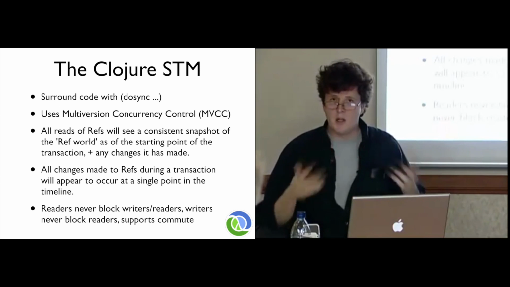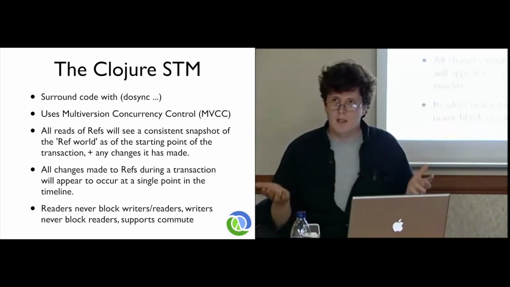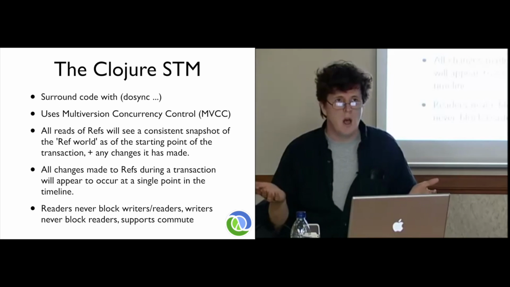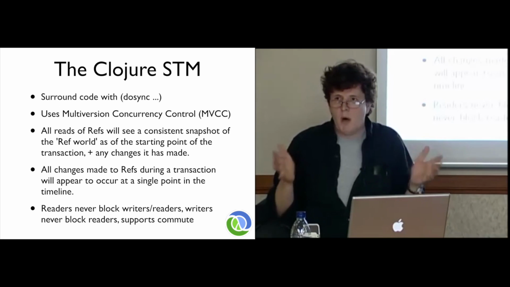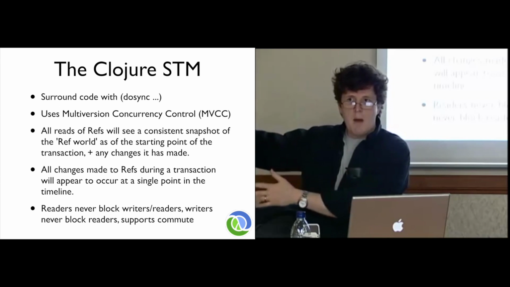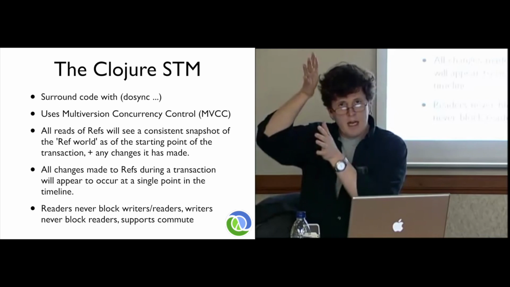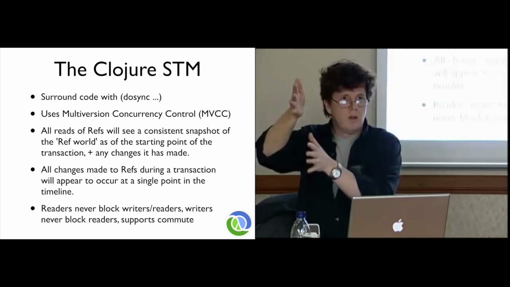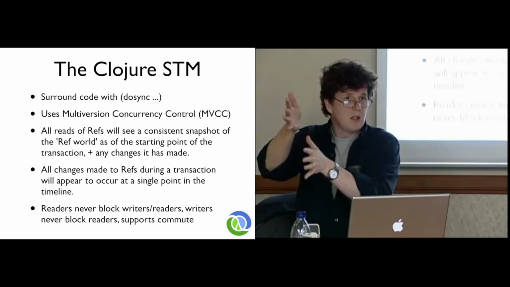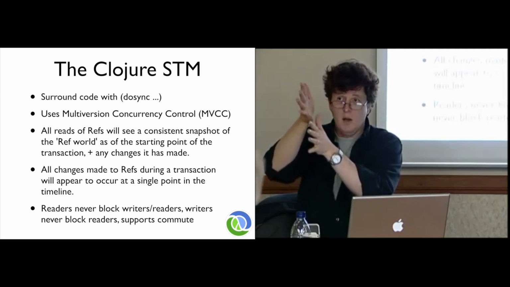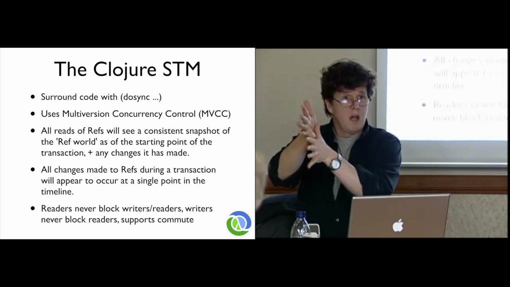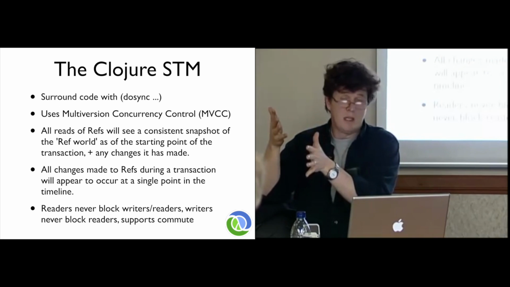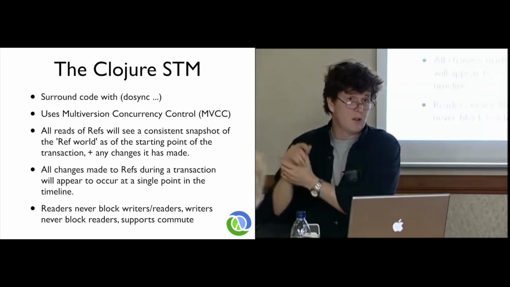Which means that if I start a transaction, all the reads that I do inside that transaction appear to have happened at the same point in time, even though things may have happened since then. It's as if I got a snapshot of the reference world at the point in time my transaction occurred. And I will only see values of references from that point in time or things that I myself have changed in my transaction. No other values.